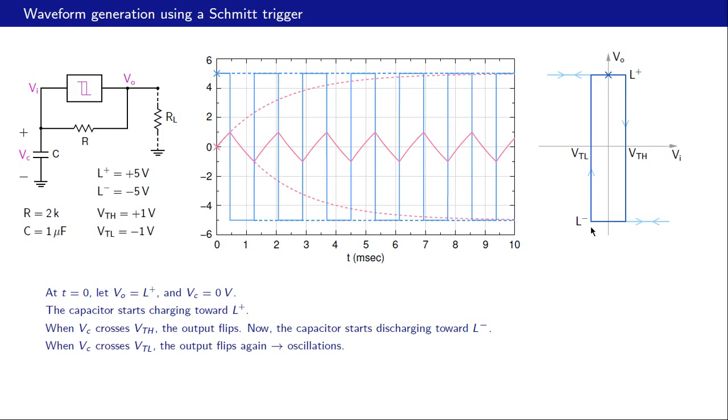So at this point, the output changed to plus 5 again. The capacitor now starts charging again towards 5 volts like that, and so on. So this process just keeps repeating and we have oscillations. So our VO is a square wave, plus 5 to minus 5, and we get this kind of waveform for VC or VI.